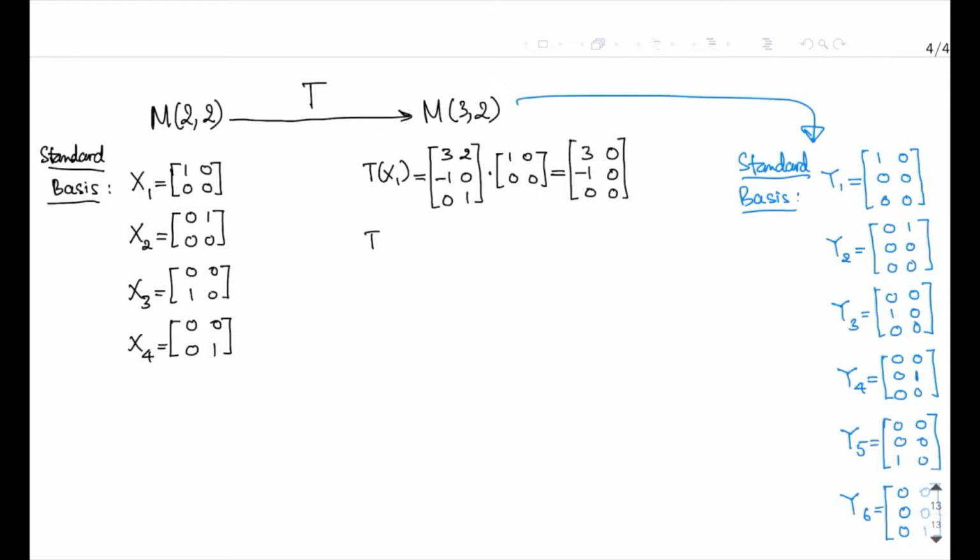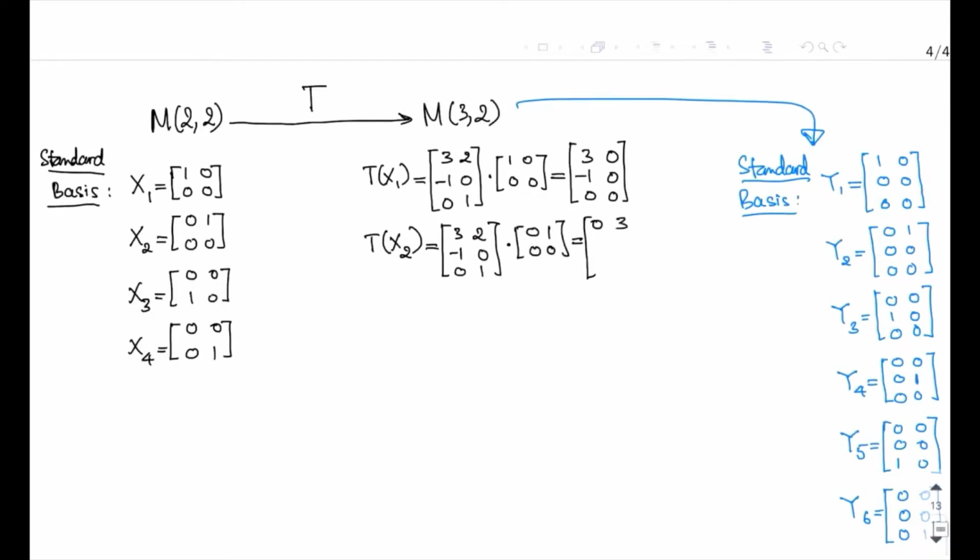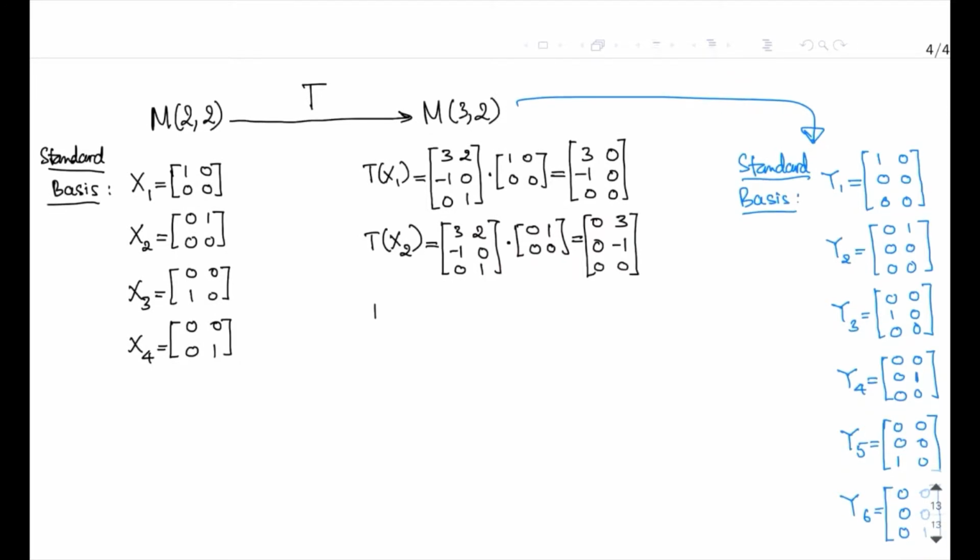You then compute T of x2, multiplying the same matrix given to us with x2. And that is going to be 0, 3, 0, negative 1, 0, 0. Now then you compute T of x3.